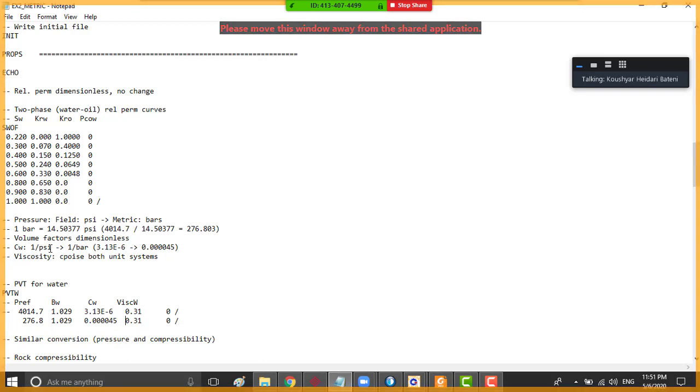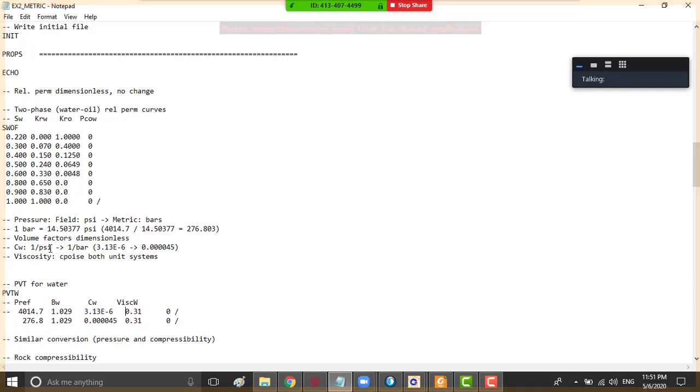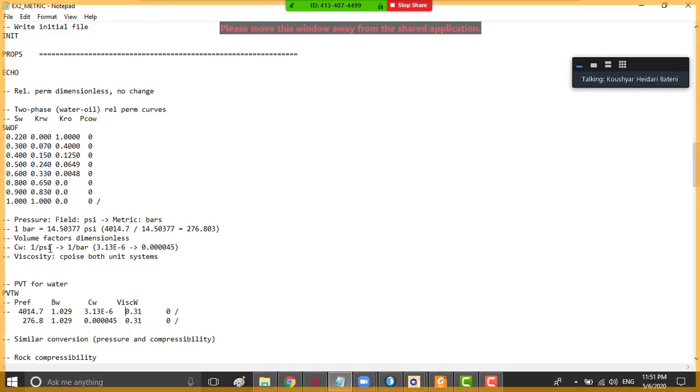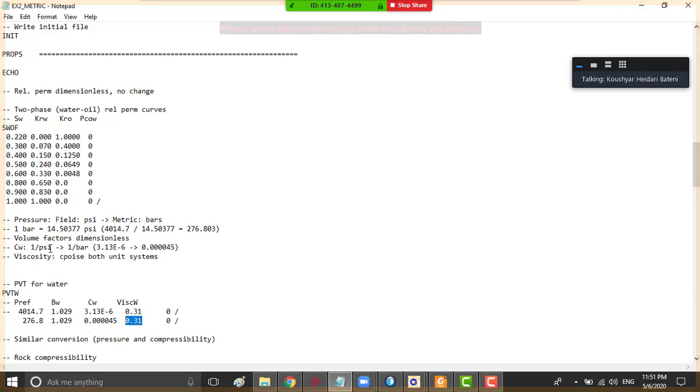Now, for viscosity of water, what do you need to do? You see that in both the metric system and in the field system, the unit for viscosity is centipoise. So there is no need to do anything on that front. In both systems, the value you have for the viscosity of water is going to be 0.31.